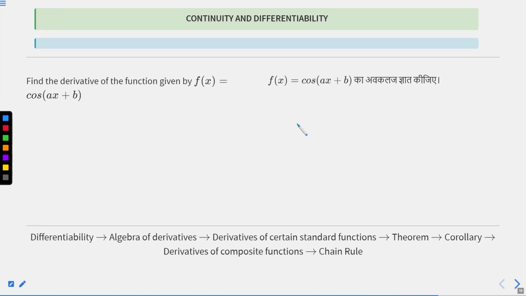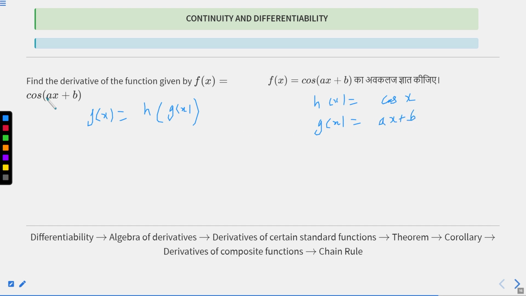Now here again we have to use the chain rule. Let's see. So f of x, first of all I need to know what the composition will be. f of x is h of g of x. So h of x I define as cos x, and g of x I define as ax plus b.